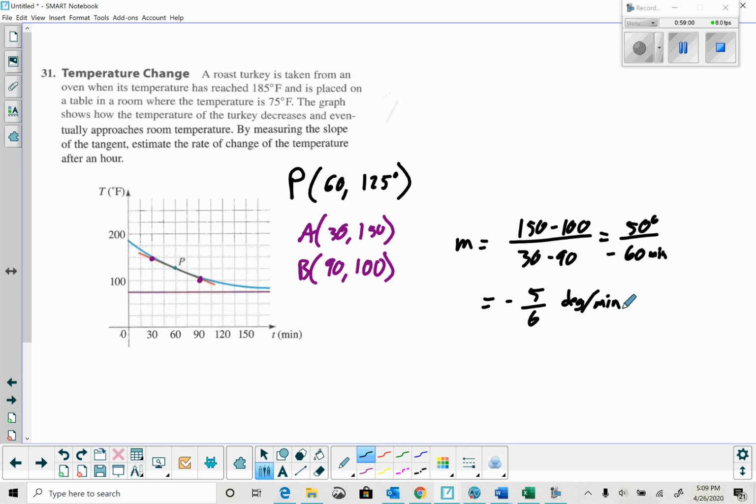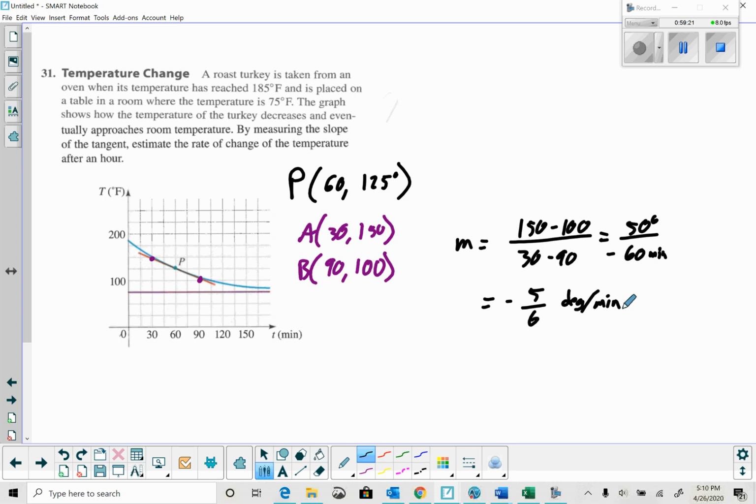At that point, it's cooling off at about negative 5/6, or you could just say it's cooling off at a rate of 5/6 of a degree per minute.